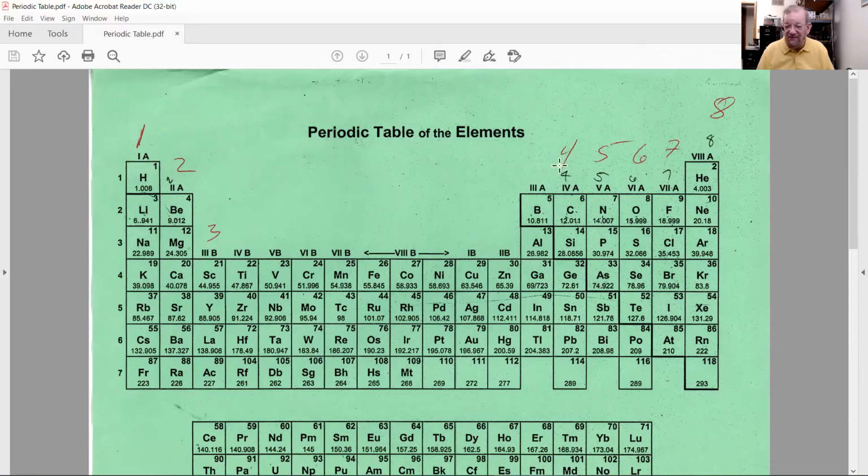So I wrote both. First, I did it in pencil. I said, let me do it real big so you can see it easier. The number 4, and carbon has 4 valence electrons. And if we look at the noble gases, neon, helium, argon, krypton, all have 8 valence electrons.